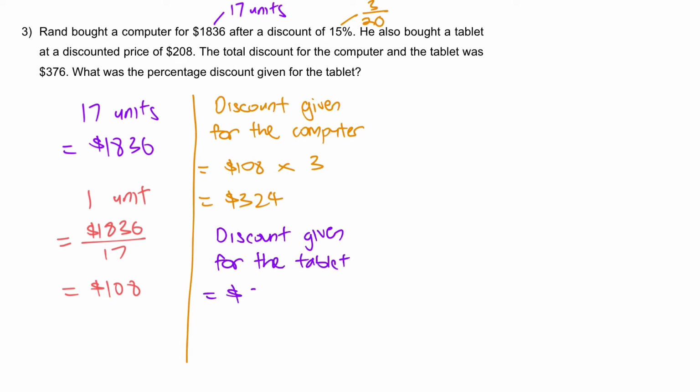We just take the total discount for both items minus the discount given for the computer. We should get $52.